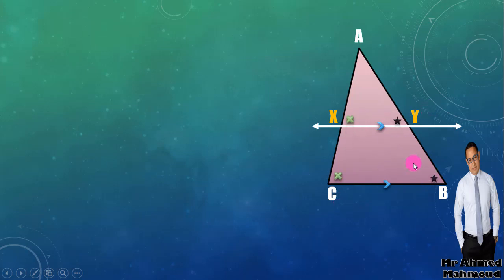This is called corresponding angles, or the F letter. In that case, we conclude that the two triangles AYX and ABC are similar, because here we have two angles and here we also have two angles, and they are equal in measure.